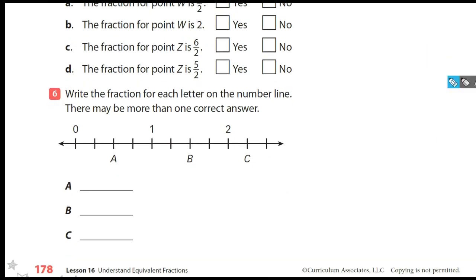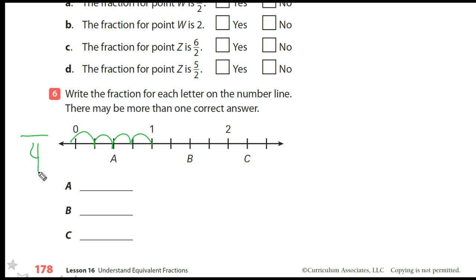Oh, this is going to be tricky here. See, I'm going to count the sections between 0 and 1. 1, 2, 3, 4. So what's my denominator? 4. Okay. So for point A, what's the fraction?